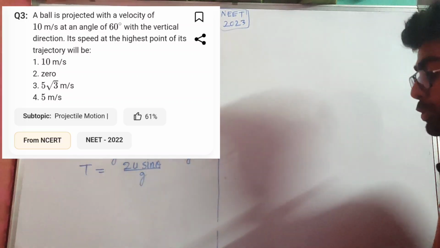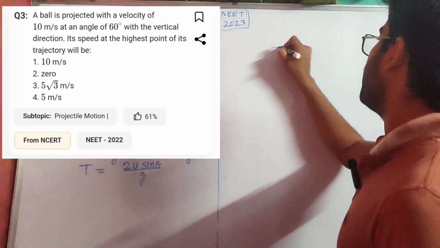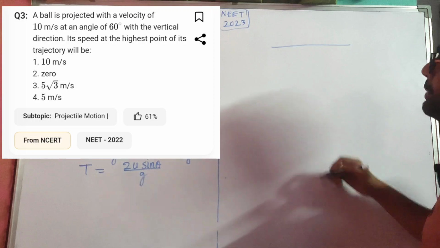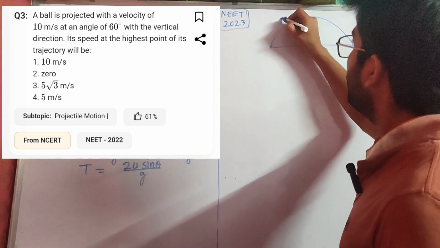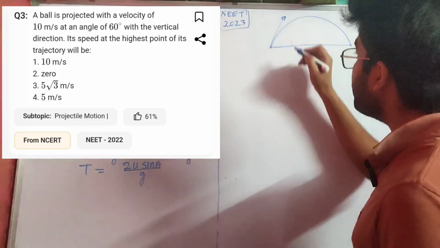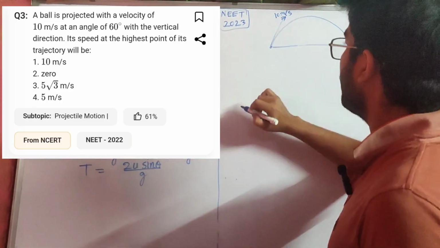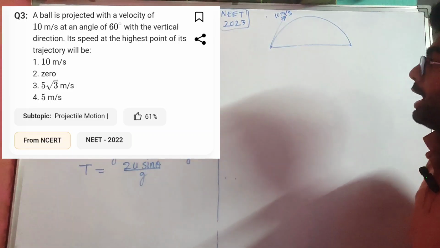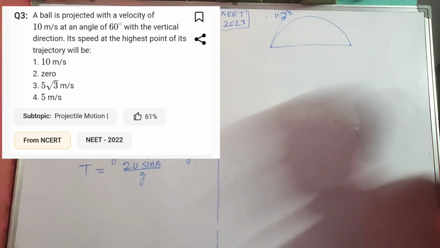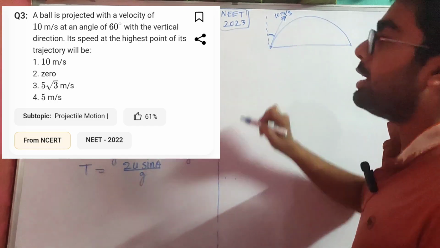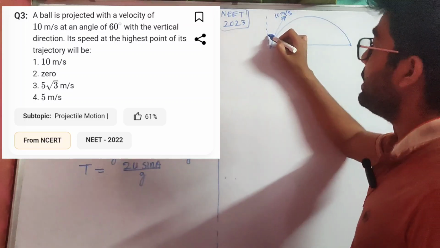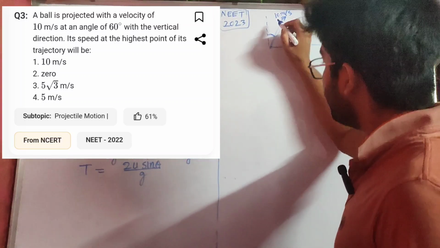Similar to the previous question, a ball is projected with a velocity 10 meter per second, with the angle with the vertical axis. The given angle is 60 degree.